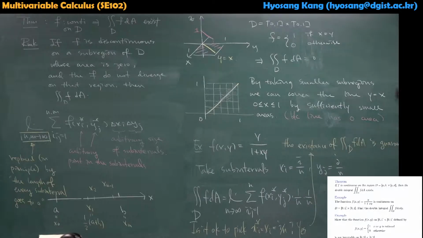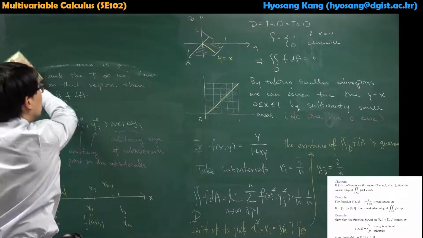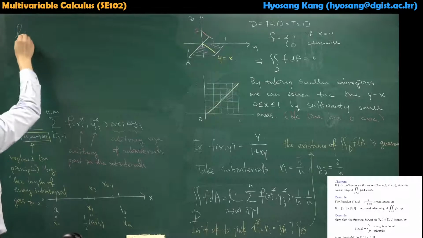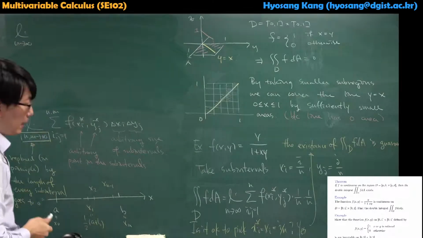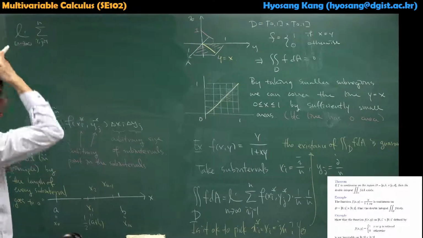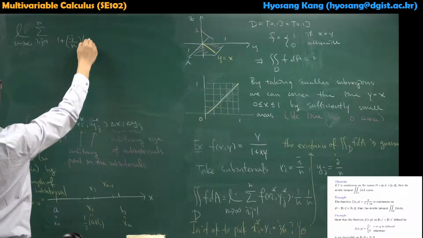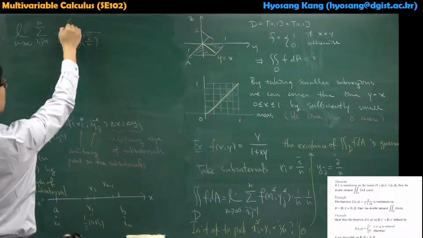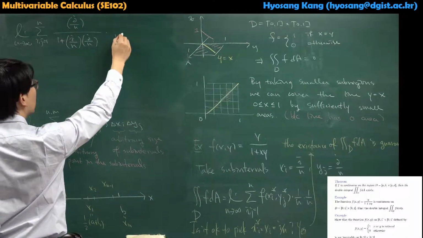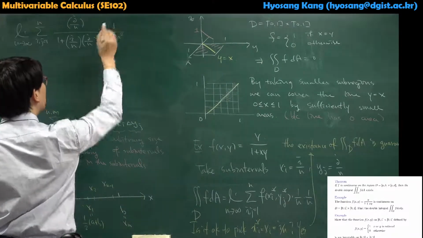So let's try to compute. Here we have the limit as n goes to infinity of the sum over i, j from 1 to n of 1 plus i over n, j over n, and n squared.